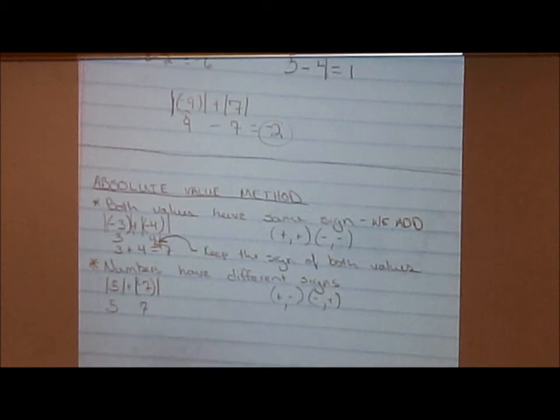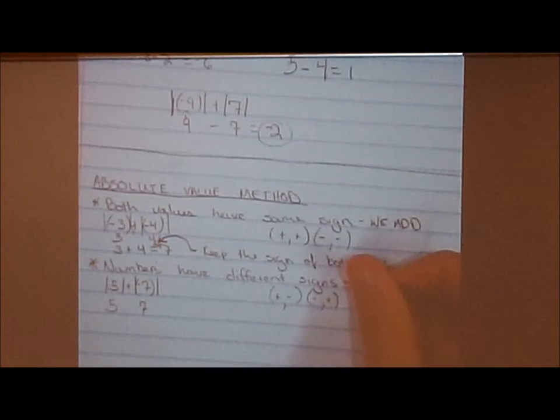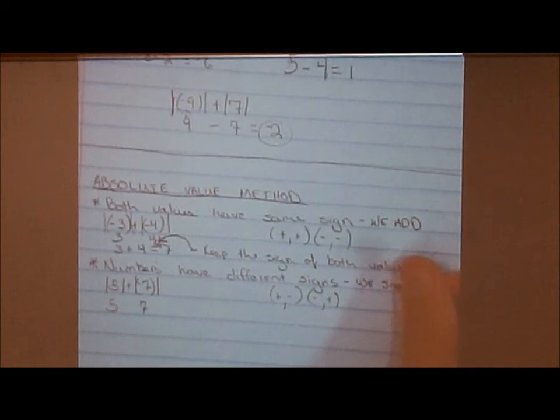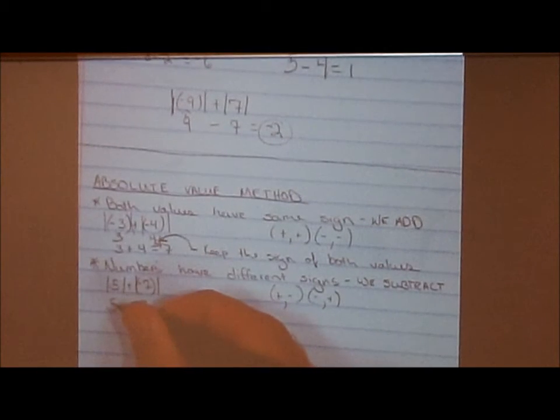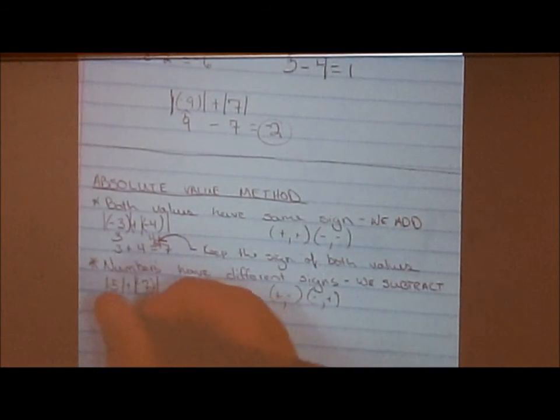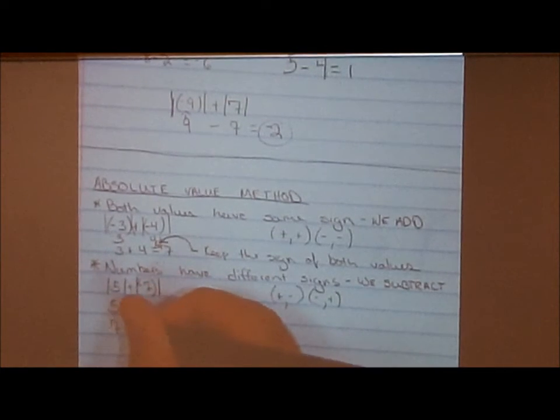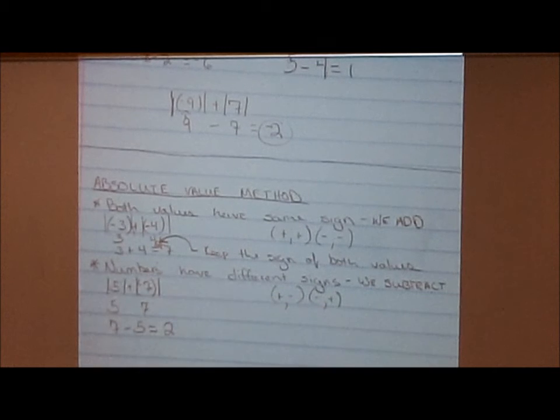Now, do we add again? We subtract. But do I do 5 minus 7? No, we take the smaller away from the larger. So we put the larger out front, we subtract the smaller, we get 2.